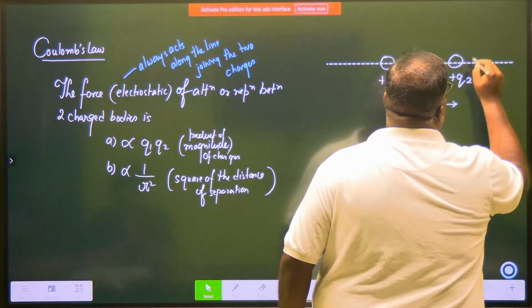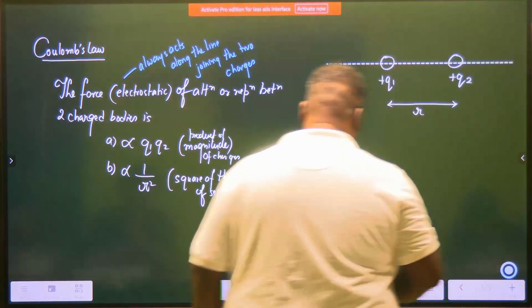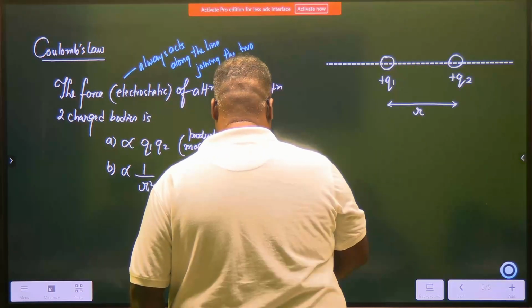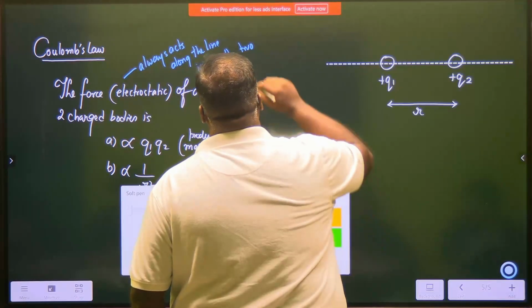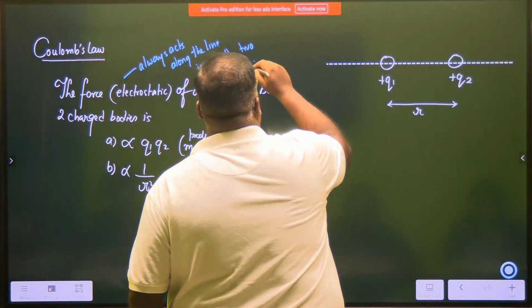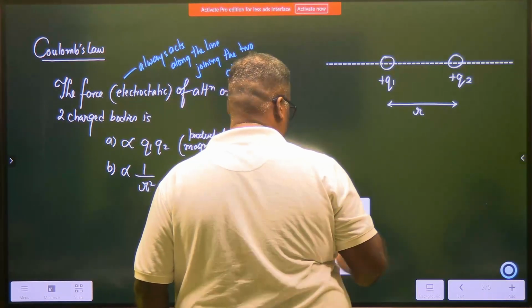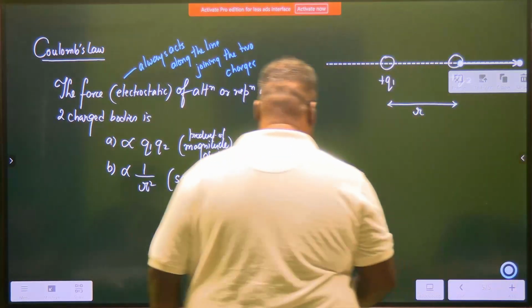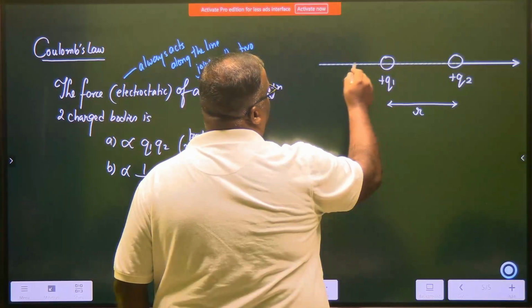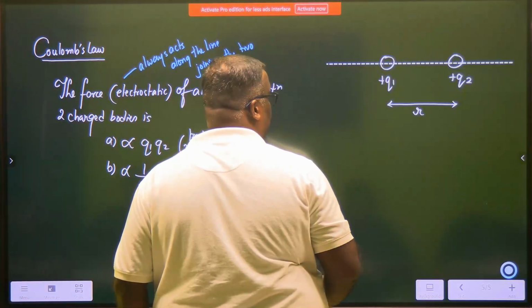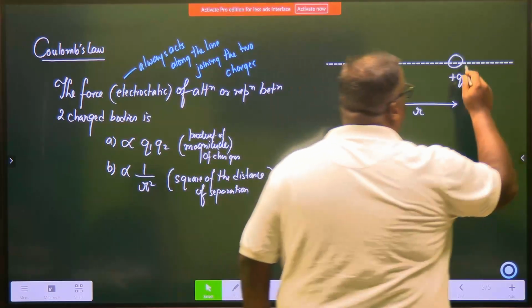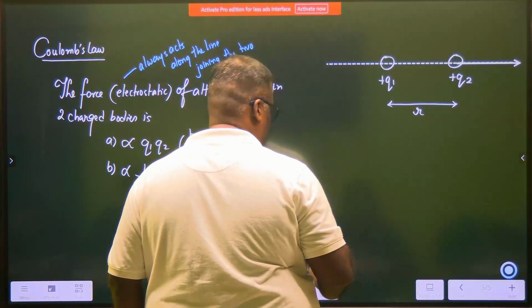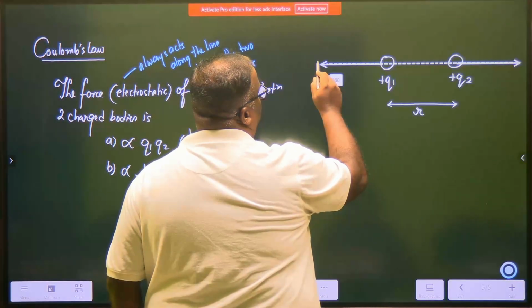So along the line joining the two, Q2 will be feeling a force on this side, and similarly Q1 will be feeling a force on this side.